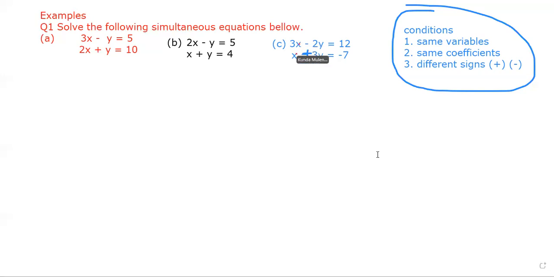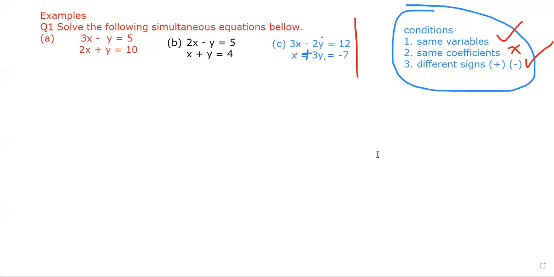The variables are the same, the coefficients are different. Let's go for Y. We've got the same variable, which is okay. We've got different signs, which is okay. But the coefficients are not the same. So now, how do you get to solve when the coefficients are different?